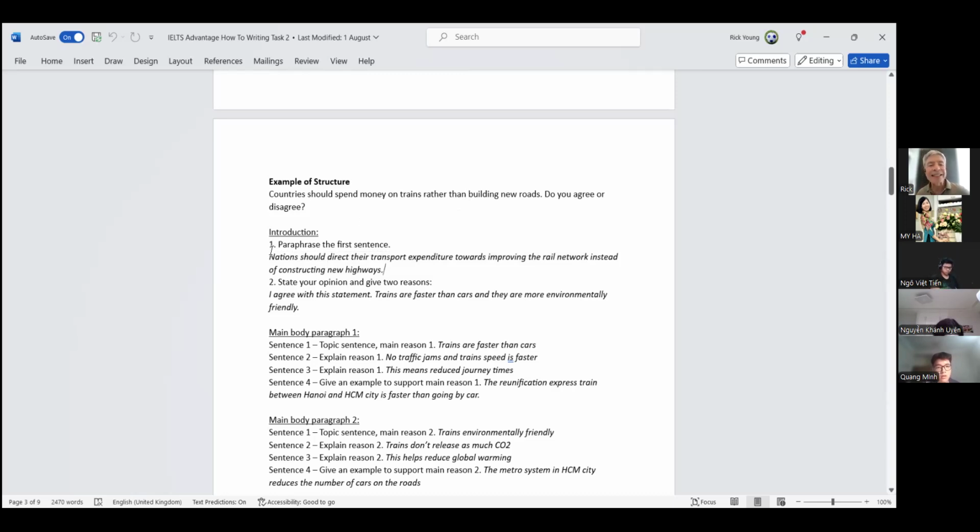Again, there are many different ways you could do this. This is not the only way, but this is just the way I have chosen. I have used synonyms and replacement words to say exactly the same thing. That is all a paraphrase is. You are just saying the same thing using different words. The reason they get you to do this is because they want to test how good your vocabulary is, that you know more than one way of saying the same thing.